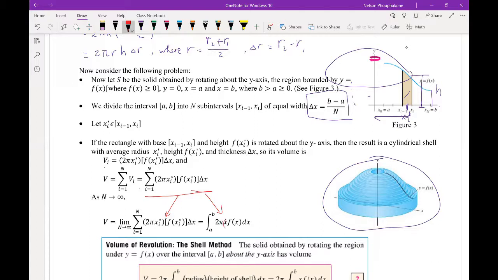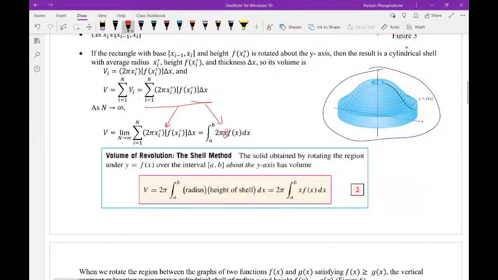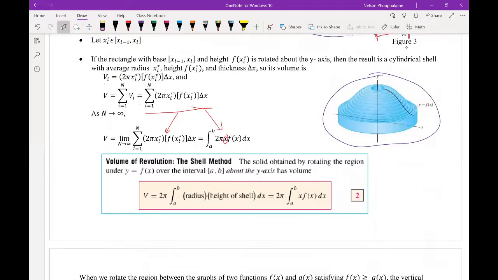Now remember, x is a distance from here, okay, which is the radius, and then f of x will be the height. So then this is actually the volume of rotation, the shell method.